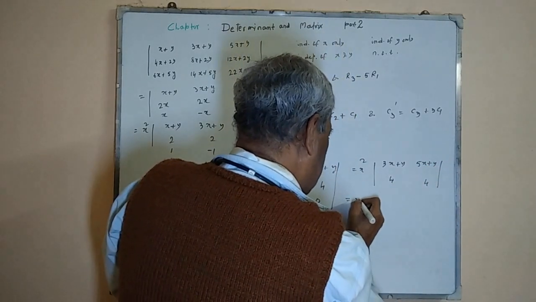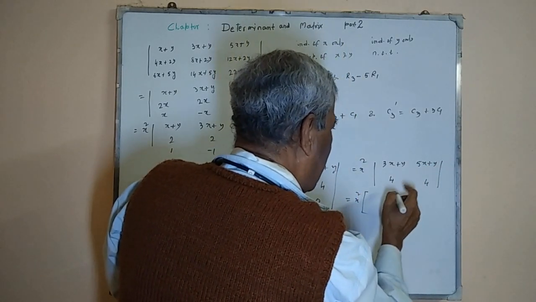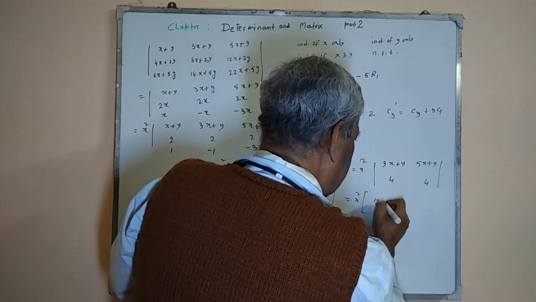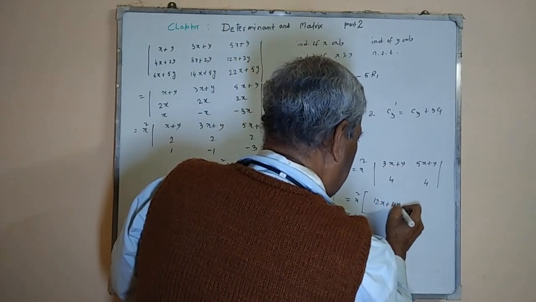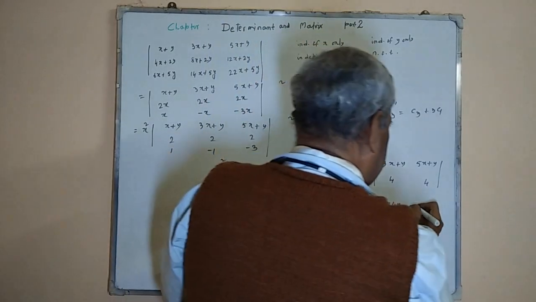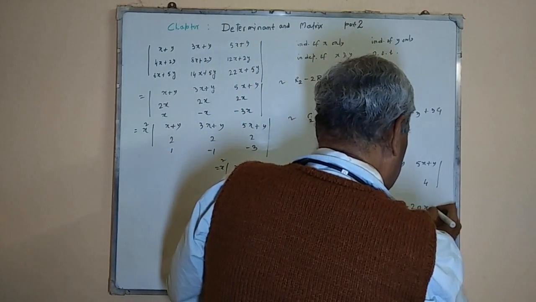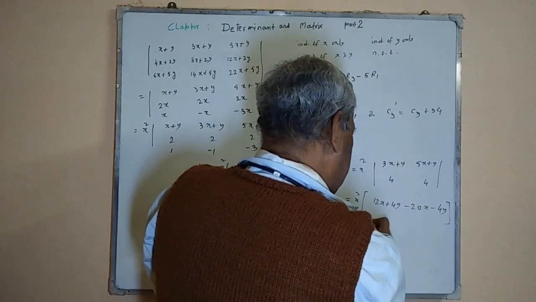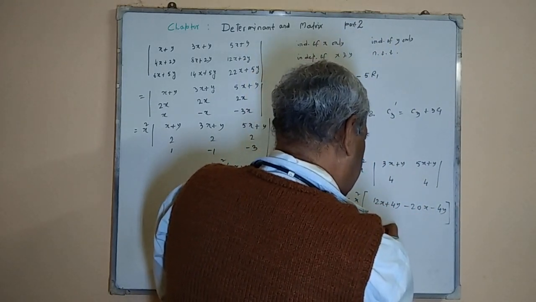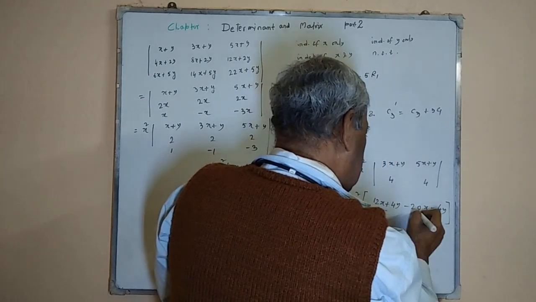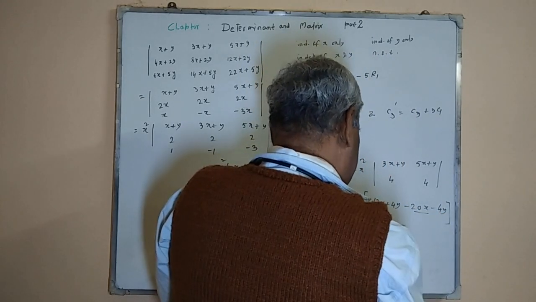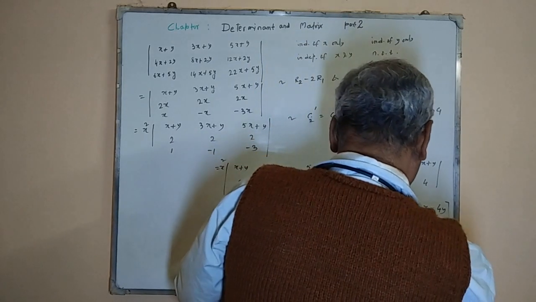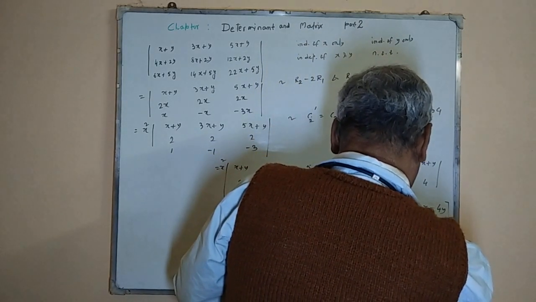So it is equal to x square into 12x plus 4y minus 20x minus 4y, so that it is equal to x square into minus 8x. So it is equal to minus 8x square.